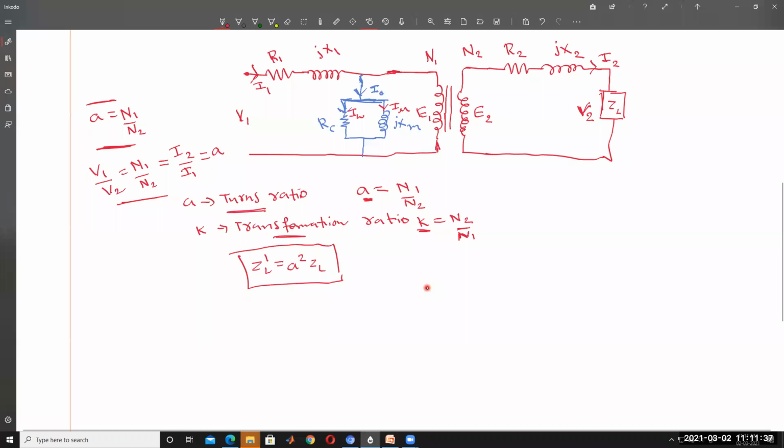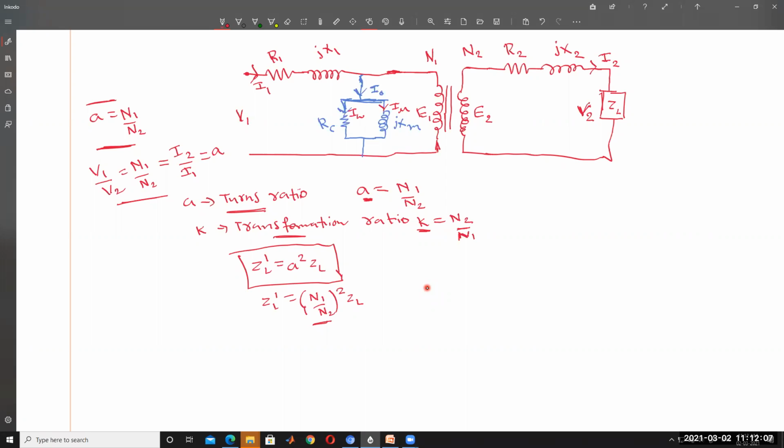So ZL dash is equal to, here A is called N1 by N2, so ZL dash is equal to N1 by N2 whole square into ZL.